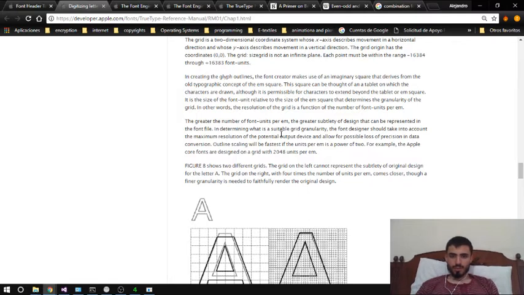The resolution of the grid is a function of the number of font units per EM. Okay, let me write that.